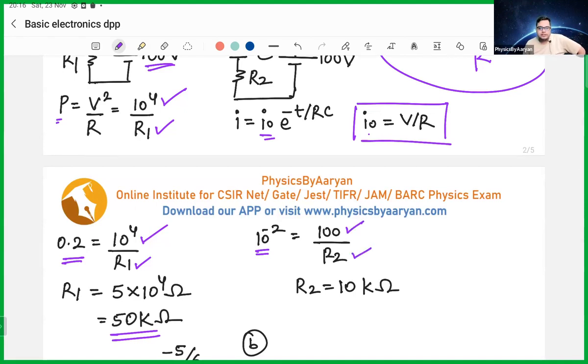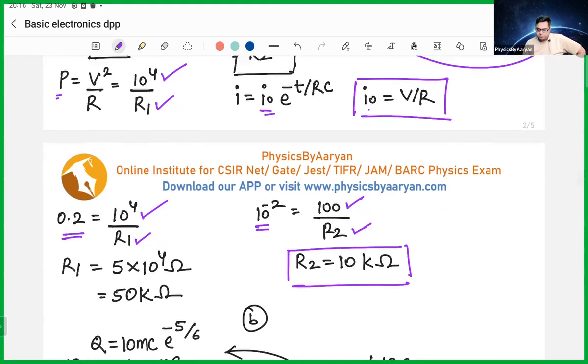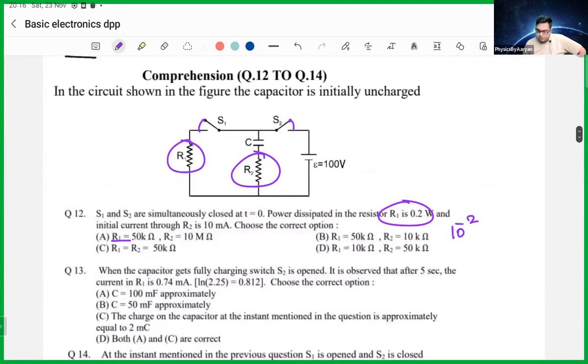By cross multiplying, I will get R2 as 10 kilo ohm. So I'm able to find the value of R1 and the value of R2. Hence option B is the best option here. It exactly matches with what I calculated.